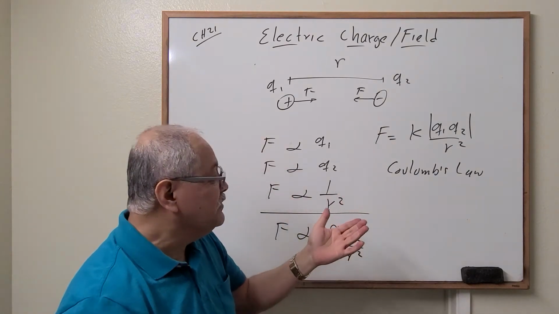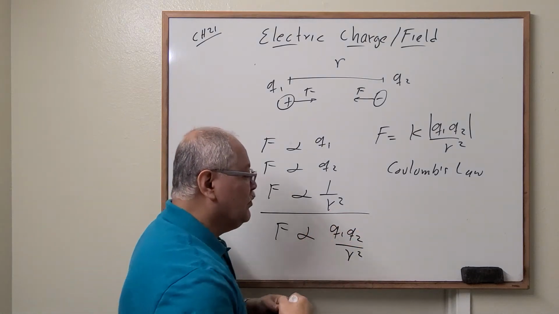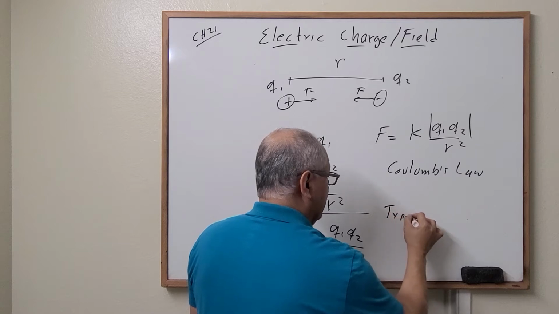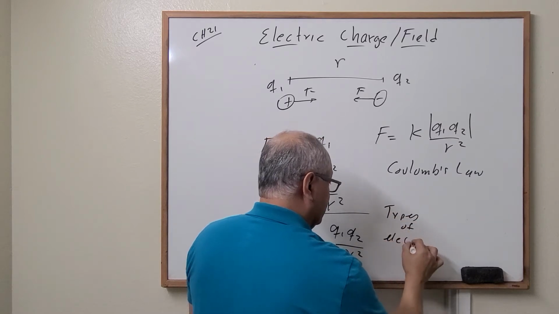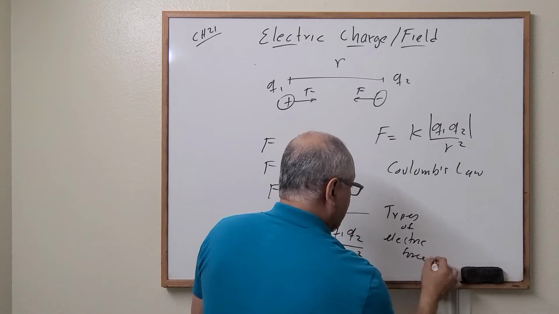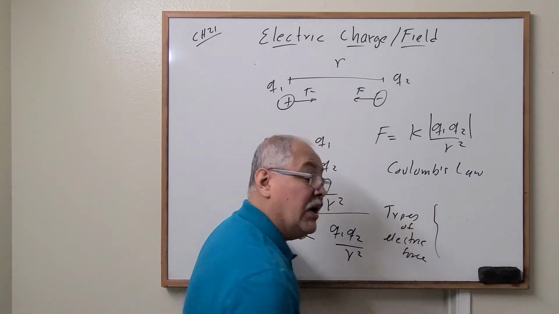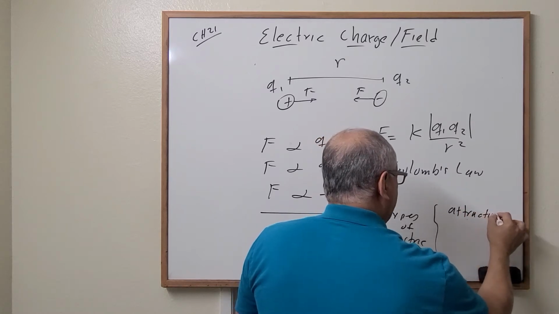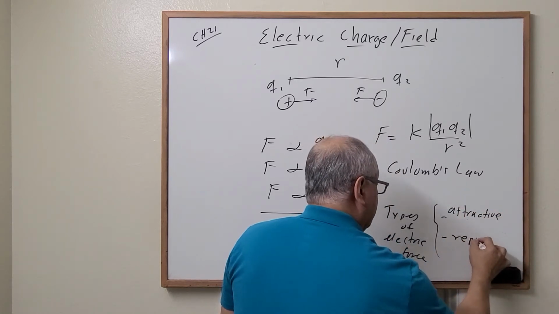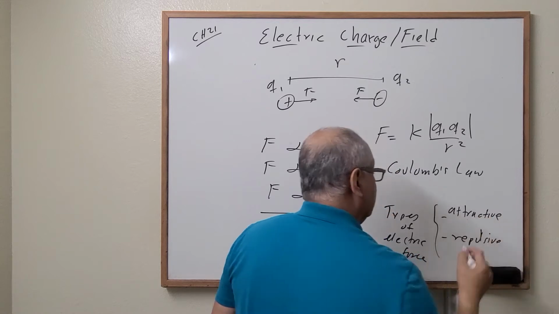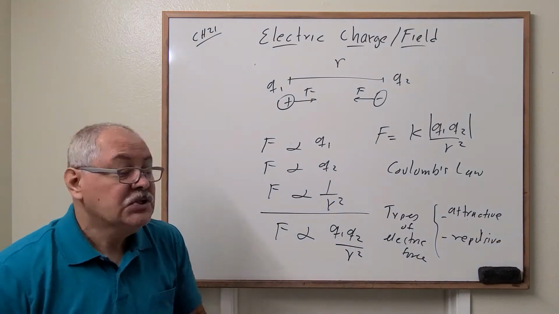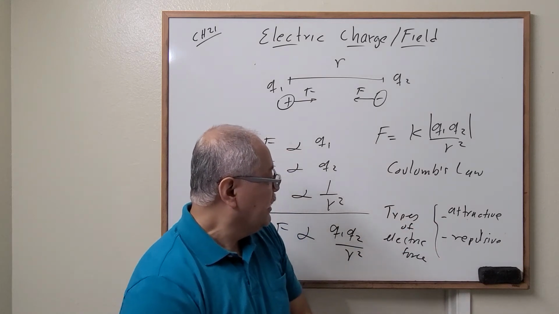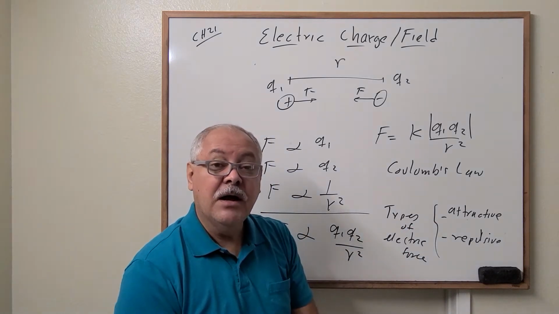Because force is a vector, we need to find the direction. When we're dealing with electrostatics, we have two types of electric forces: attractive and repulsive. Using this concept, we can determine the direction.